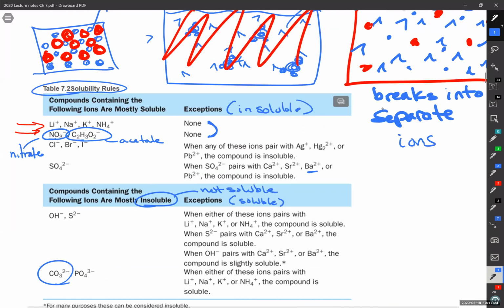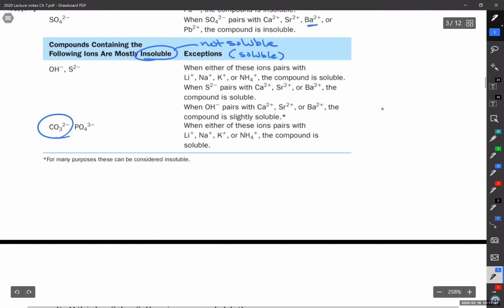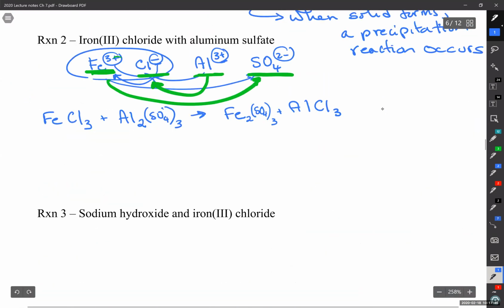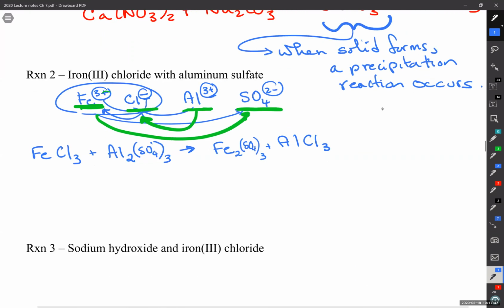And you'll see that it says right here, chloride: when any of these ions pair with silver, mercury, or lead, it's insoluble. So that means the chlorides are both soluble, so those are both aqueous. So I'm going to go back here and write that in. This is aqueous, AQ.